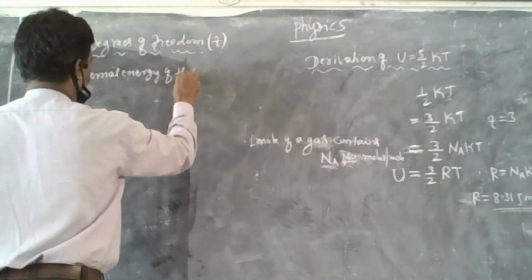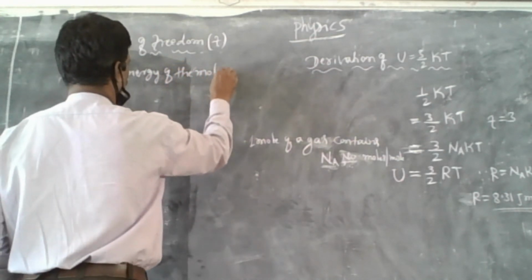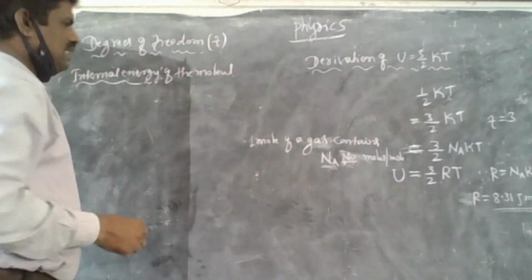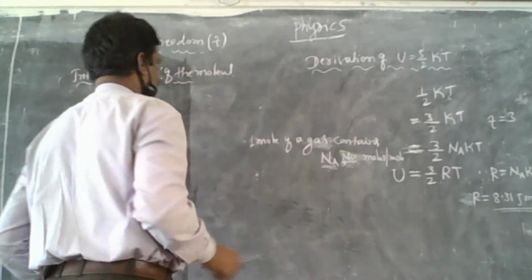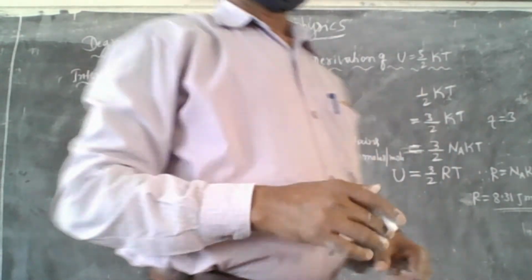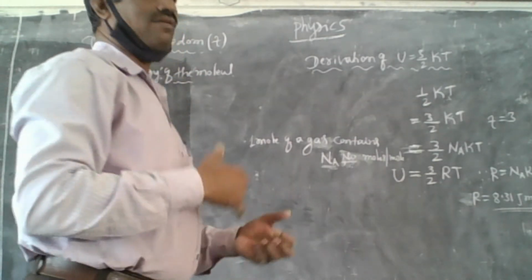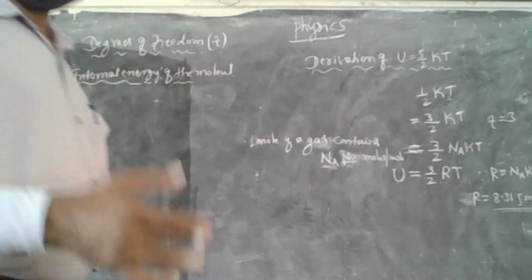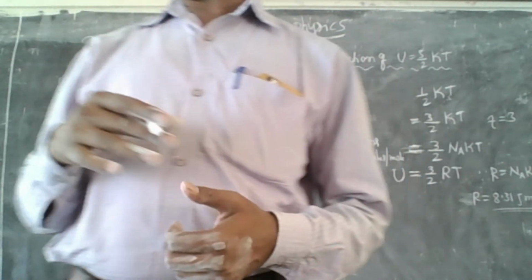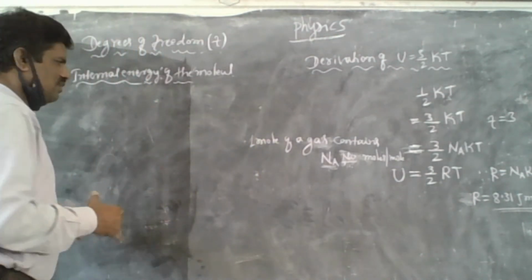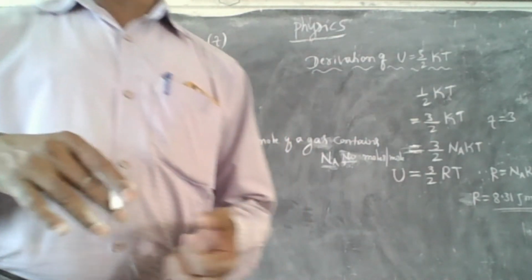Internal energy of the molecule. The internal energy of a molecule can be defined as the energy associated with the random motions of gas molecules and atoms in a system, and therefore the average translational kinetic energy is fully dependent on temperature only.